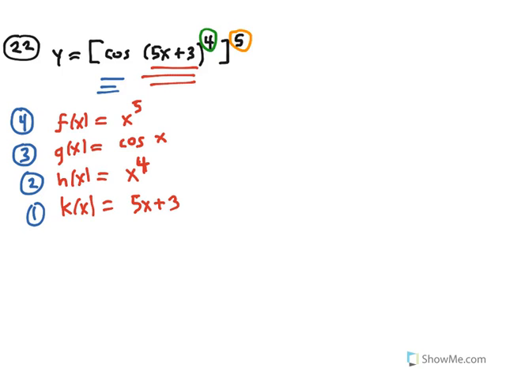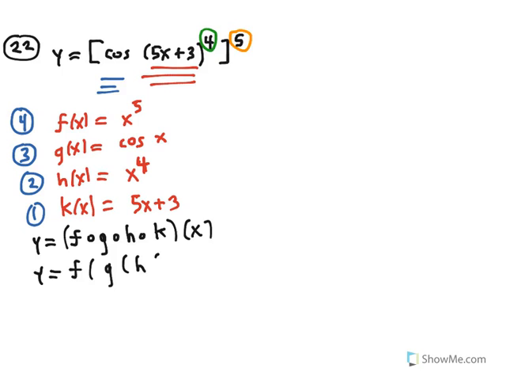And you can see how we have a composition of these four functions. Y is equal to f of g of h of k of x.